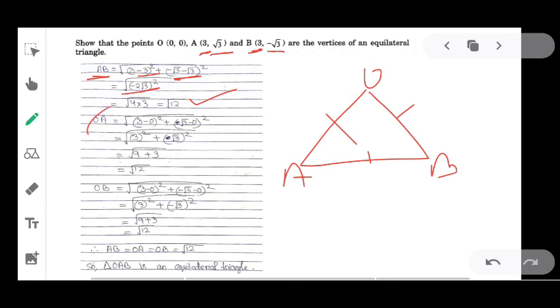Like that, OA equal to root 12 and OB equal to root 12. So now we can write AB equal to OA equal to OB equal to root 12 units. Okay, that means this is an equilateral triangle.